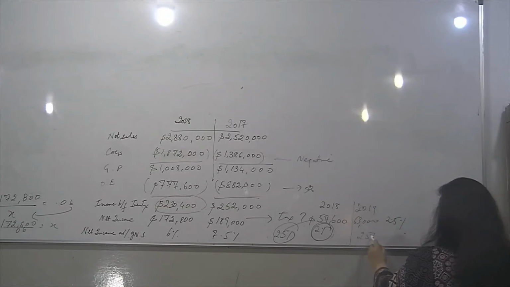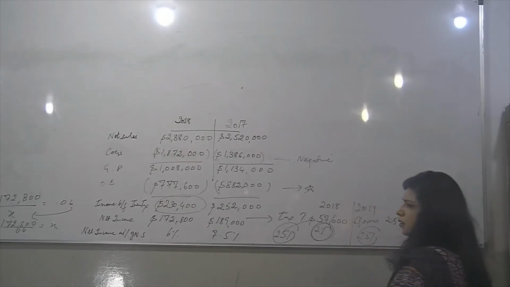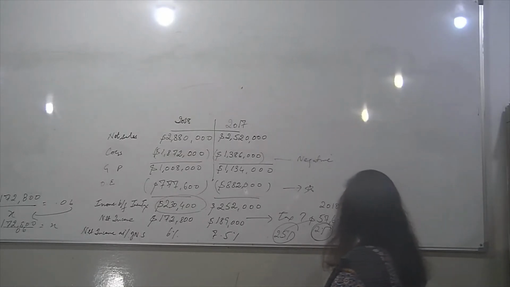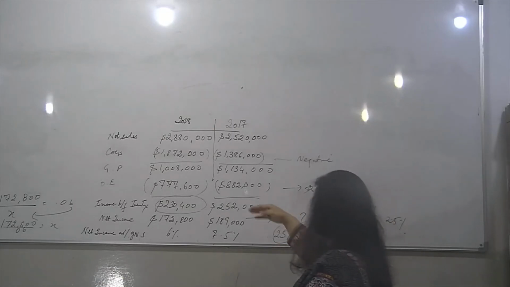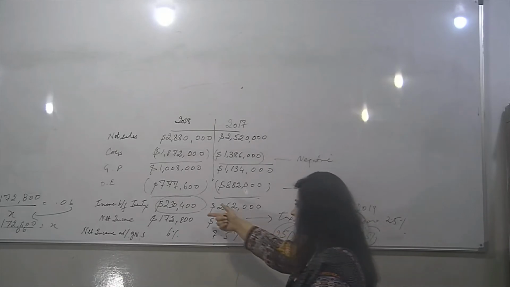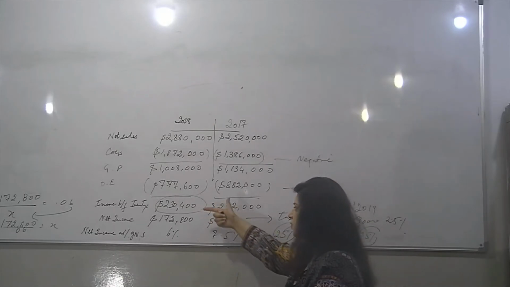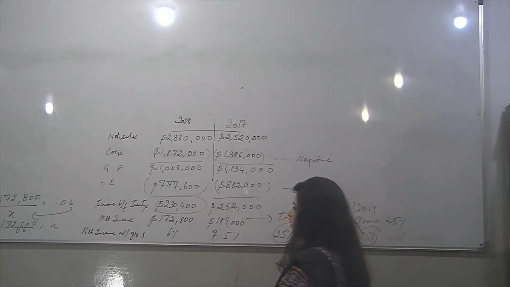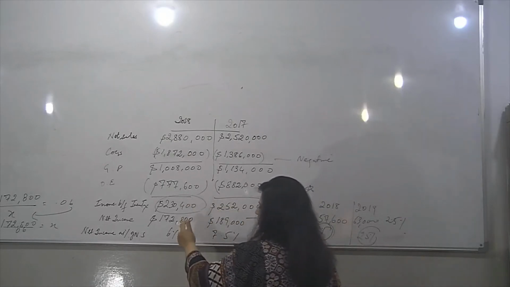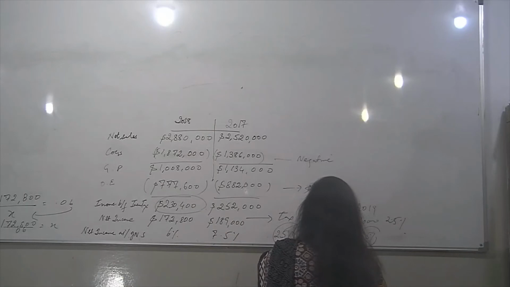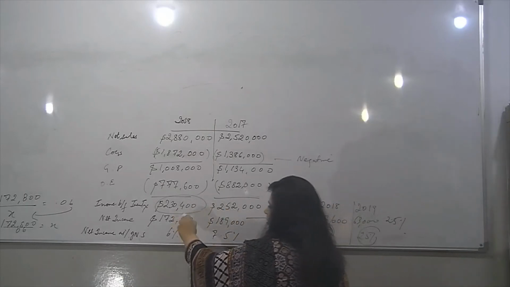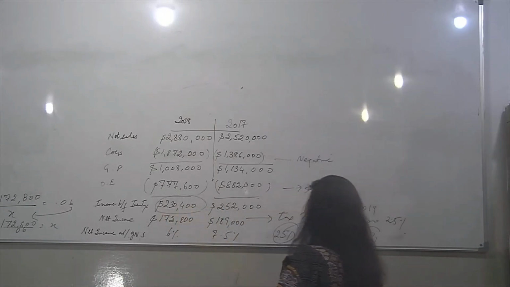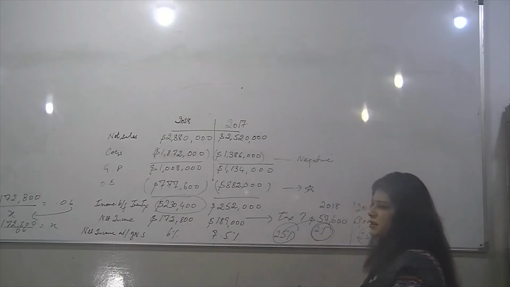So my guess was approximately correct, that the discrepancy could be because of some rounding off, but it's supposed to remain the same. If you divide the tax value that you calculated by subtracting net income from this figure, 57,600, by the income before income tax value, you just get 25%. So it's just the same.